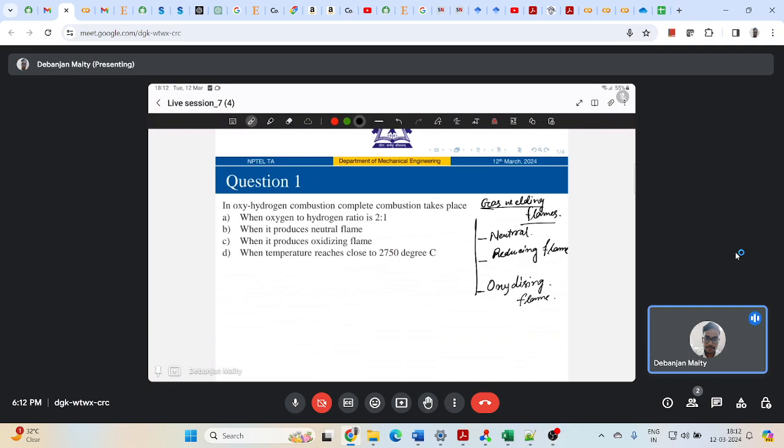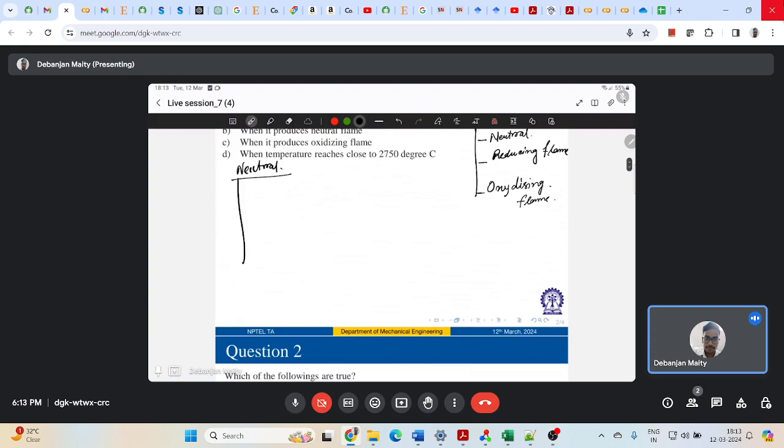A neutral flame is characterized by a short inner core, and then you have a longer outer envelope.